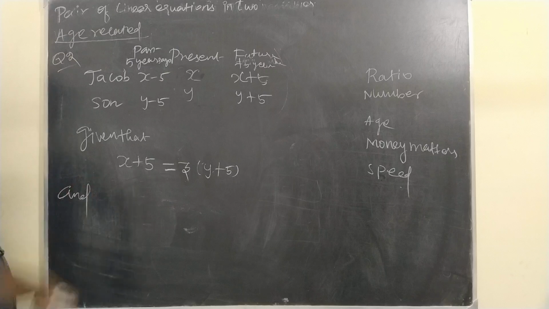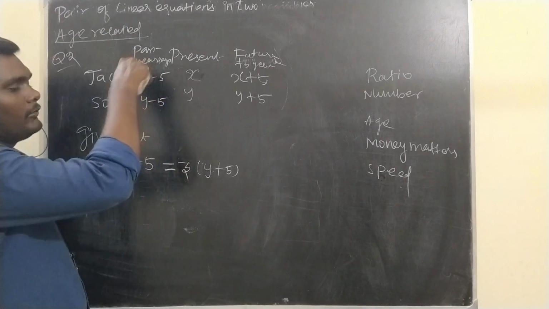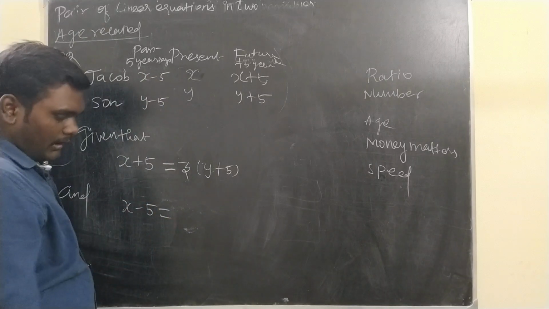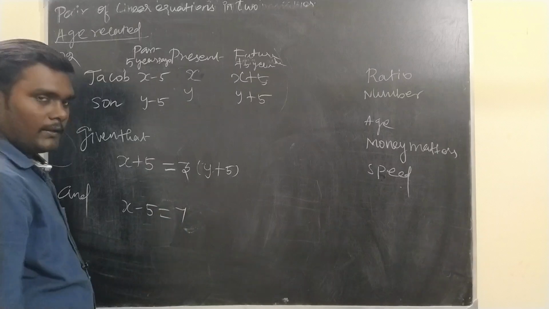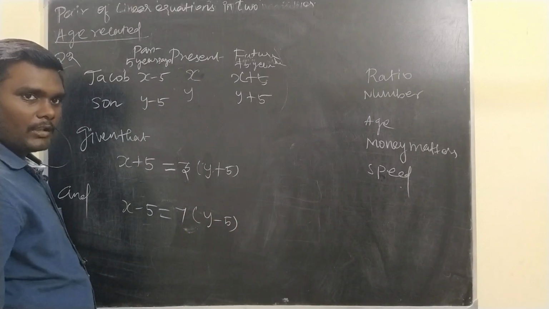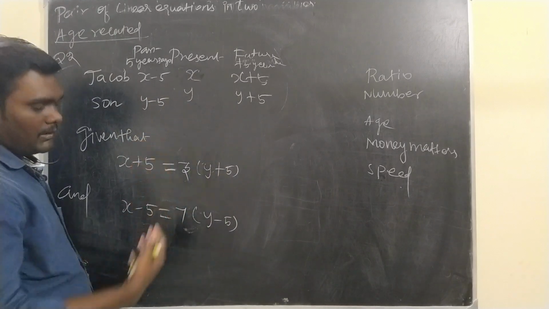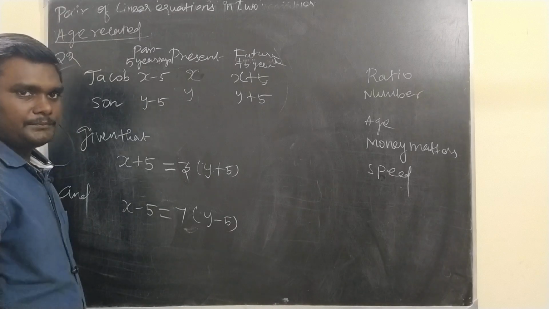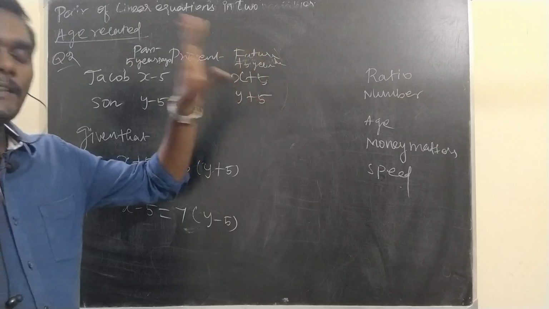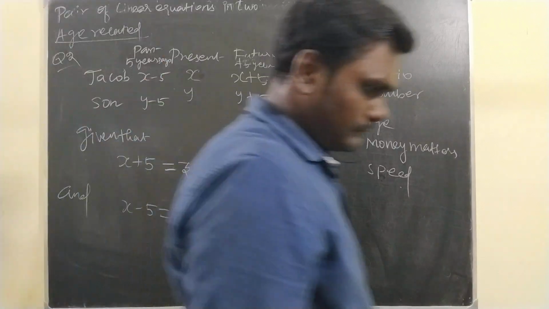And 5 years ago, x minus 5 is equal to 7 times y minus 5. We just go on applying this method: past, present, future. When you identify their ages at that particular time, the relation can be easily derived. Got it?